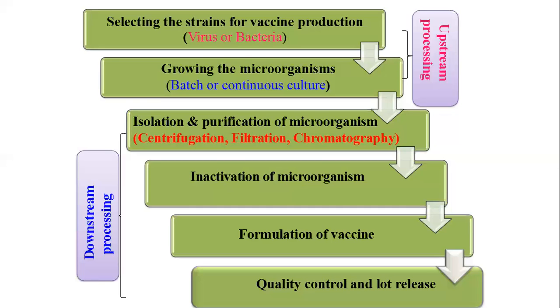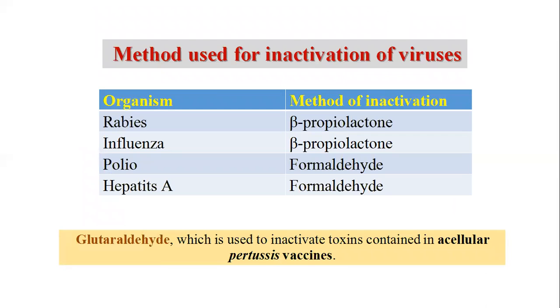That means we have to go for isolation of the protein of the microorganism that is responsible for the antigenic property, or else if we are going for the full microbes, then we have to isolate the full microbes, and in that case we have to go for one more step, known as inactivation of microorganism. Inactivation of microorganism follows different methods, so it depends on the type of microorganism.